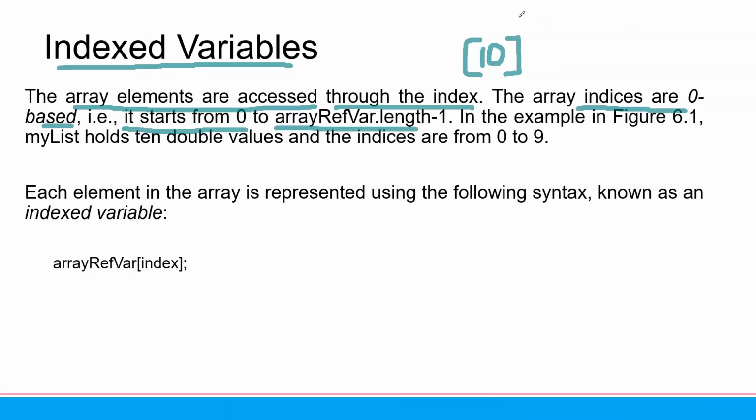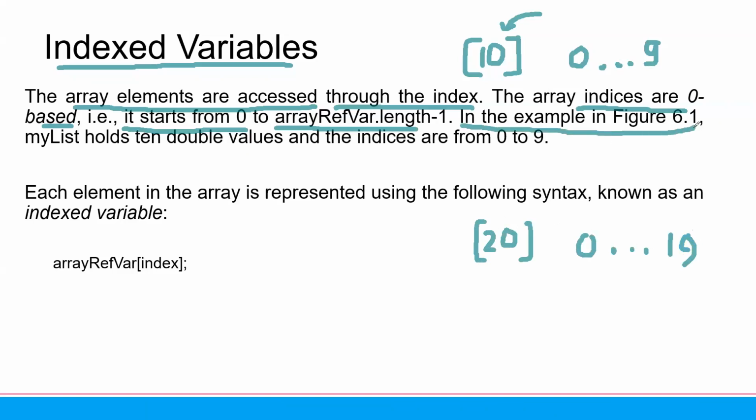So if I have the size is 10, then the array will start from 0 until 10 minus 1, which is 9. So if I have the array is 20, then the index of array will start from 0 until 20 minus 1. It means it will be until 19.